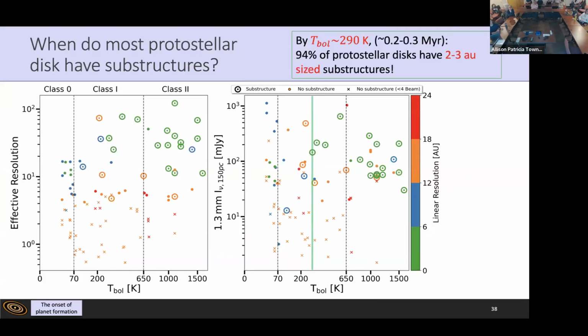You can see the ones without substructures have been observed at lower angular resolution, linear resolution between 12 to 18 for these two, and 6 to 12 for that one. Most of these are observed with linear resolution around 4.8. So it could be due to the linear resolution effect. Okay.